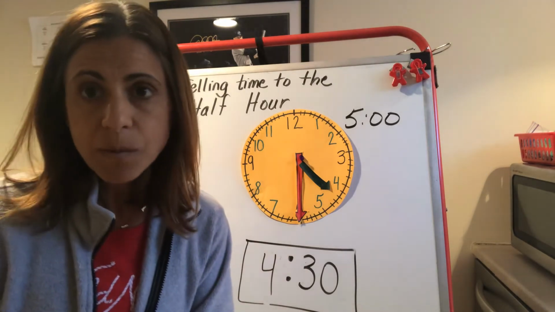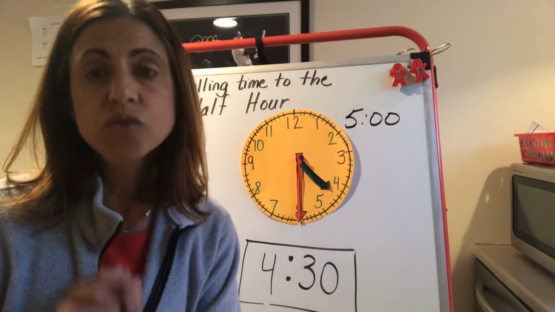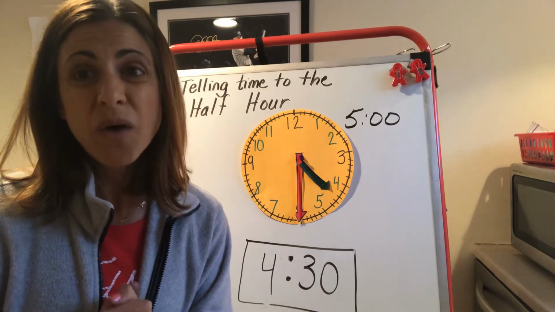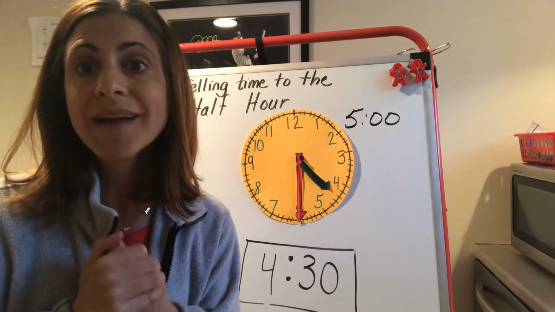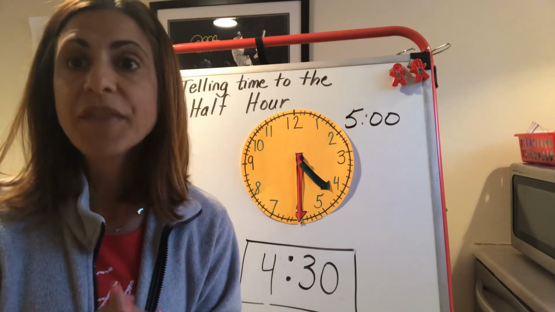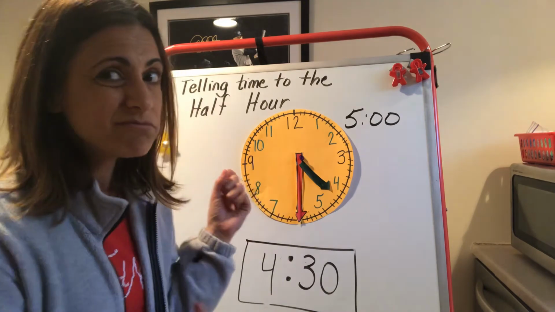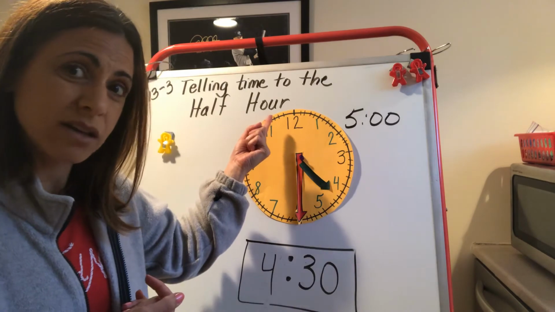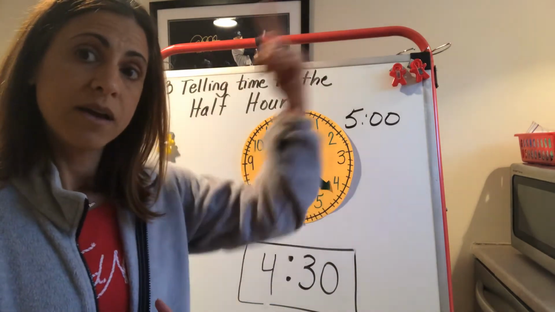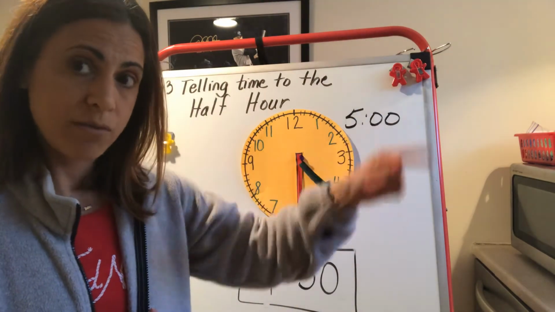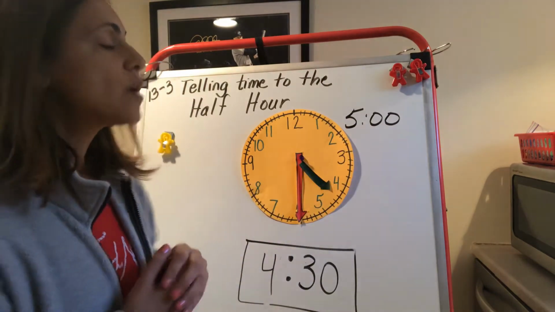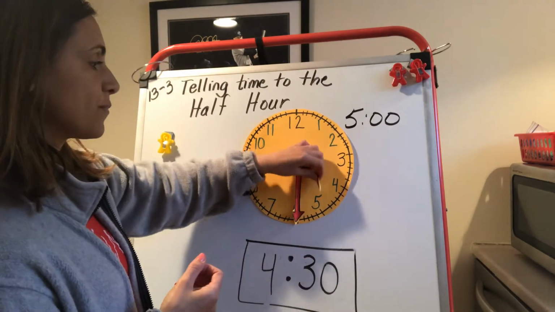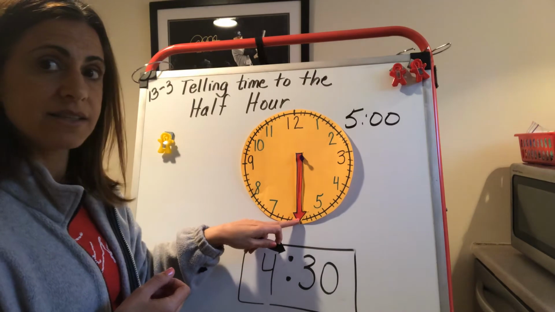The trickiest one sometimes for first graders is 12:30. Because normally when I ask you what comes after 12, you guys would tell me 13. Well, there's no 13 on our clock, but we do know that the hands keep going around and around. So if it's 12:30, you know the minute hand is on the 6.